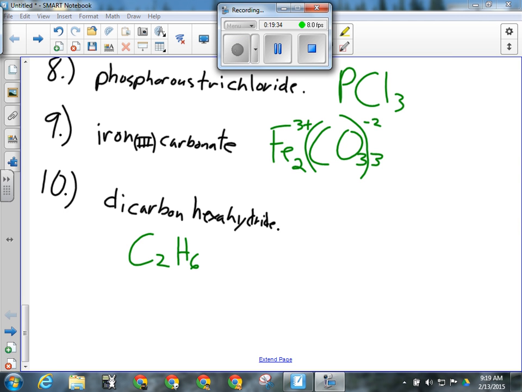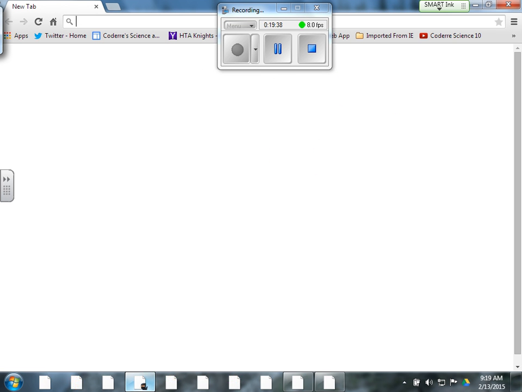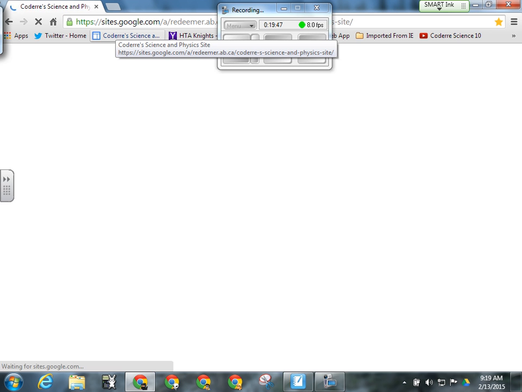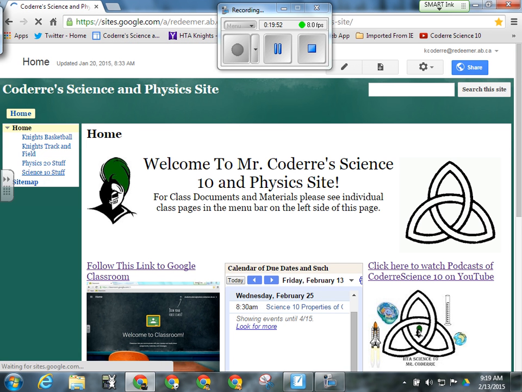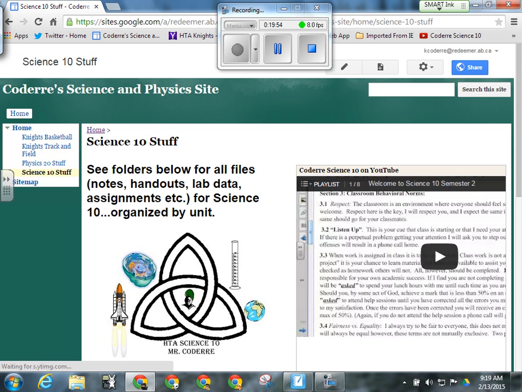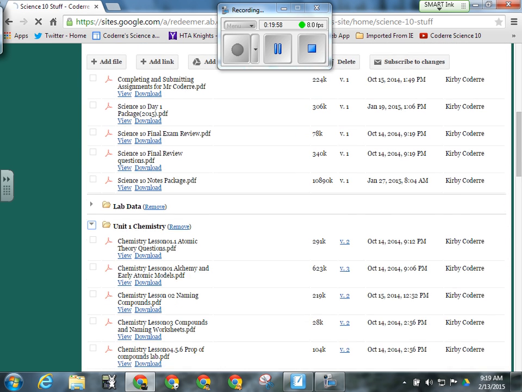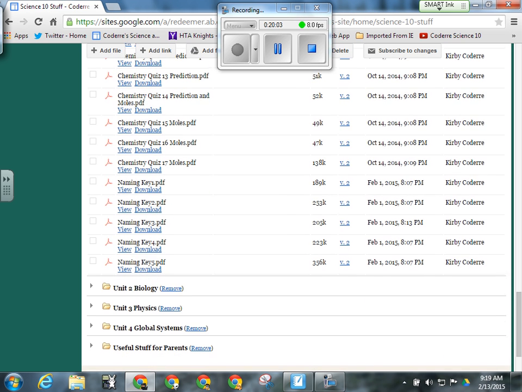And guys, remember, you're going to need to refer to the keys for those, so that you can see if you're doing them right. How many should you do before you check the key? 4 or 5 tops. So go to my website, under Science 10 stuff, and you will find, down here in the chemistry folder, near the bottom, way down, all the naming keys.